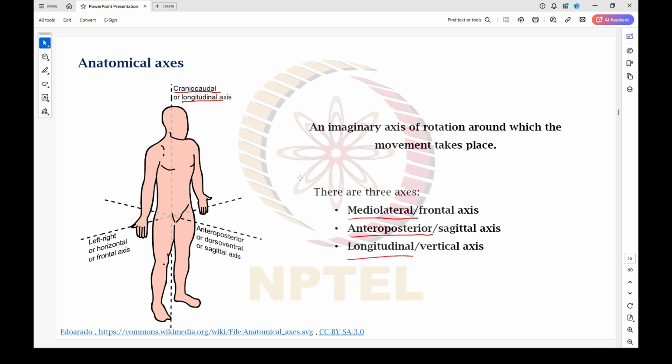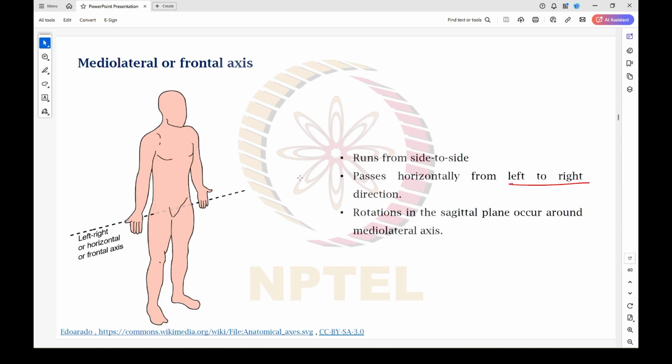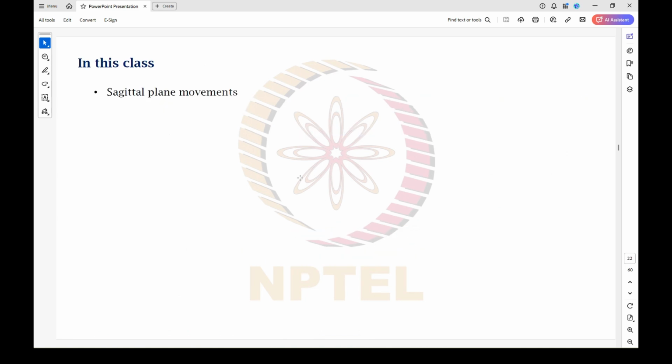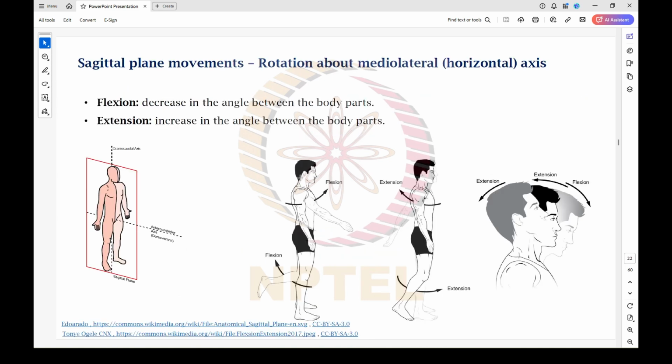Left-right is from left to right. Craniocaudal is from superior to inferior position. Repetition of that. And then coming to movement.